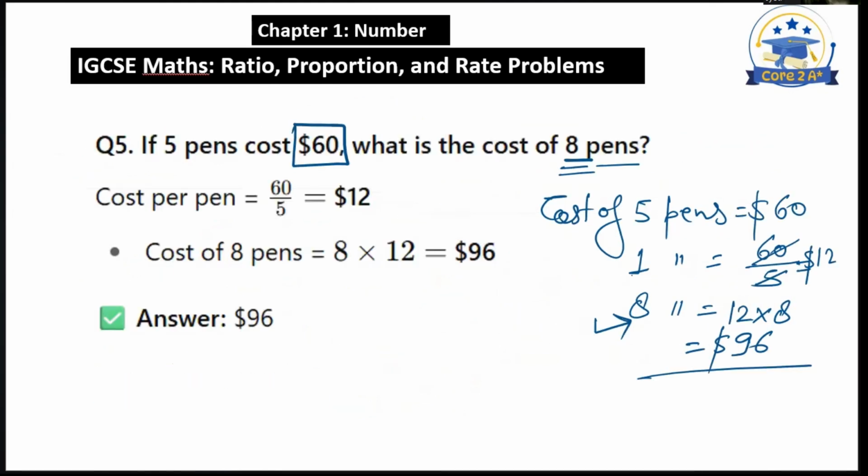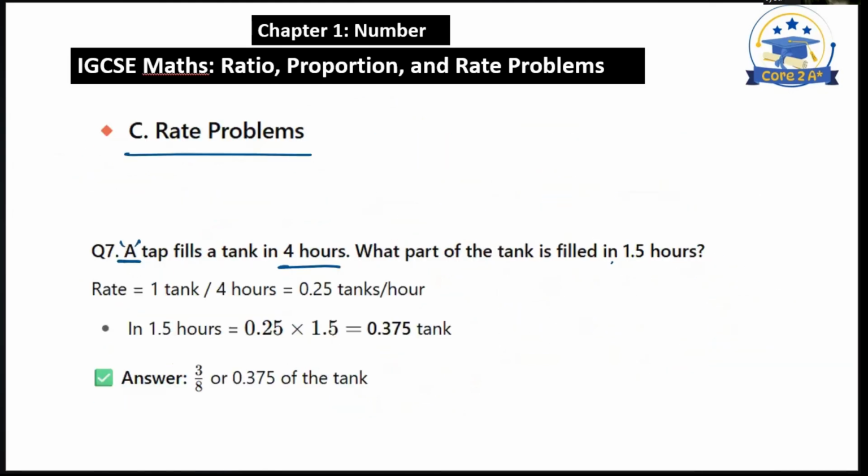Let's move to the question. Okay, good. So a tap fills a tank in 4 hours. What part of the tank is filled in 1.5 hours? So can we do this?